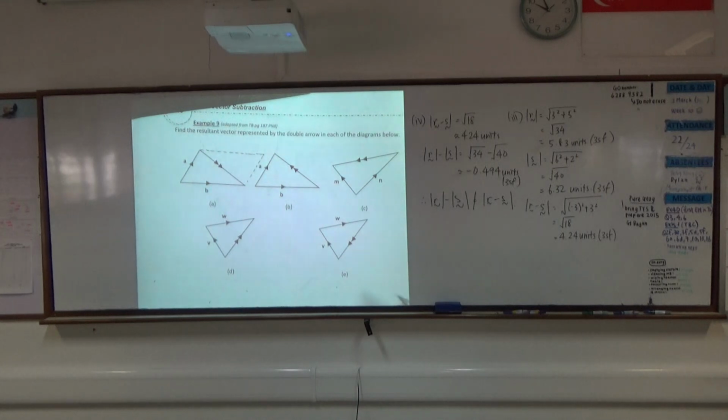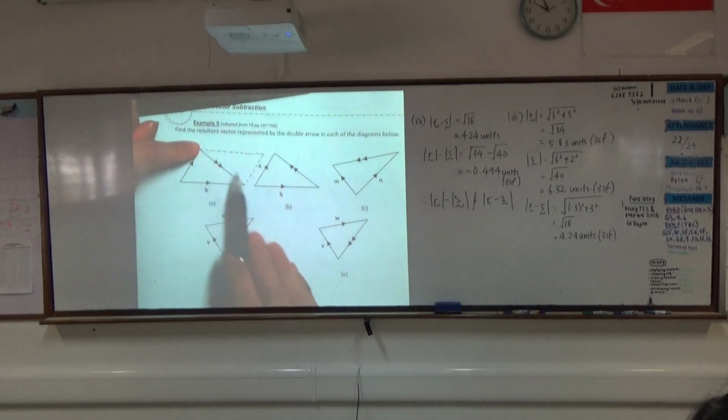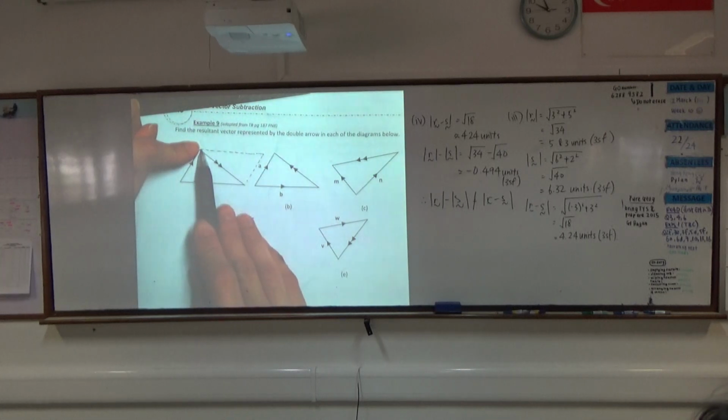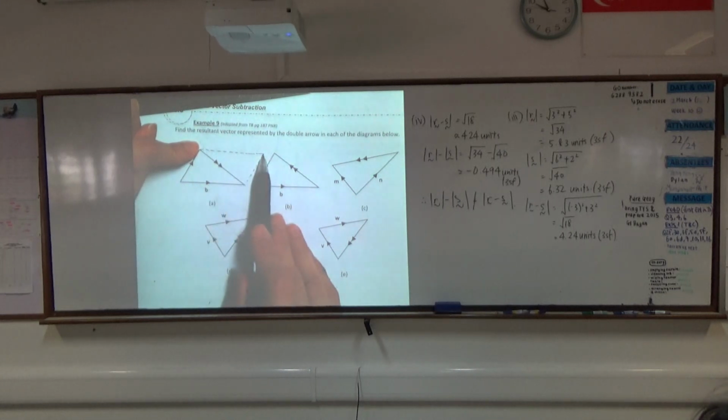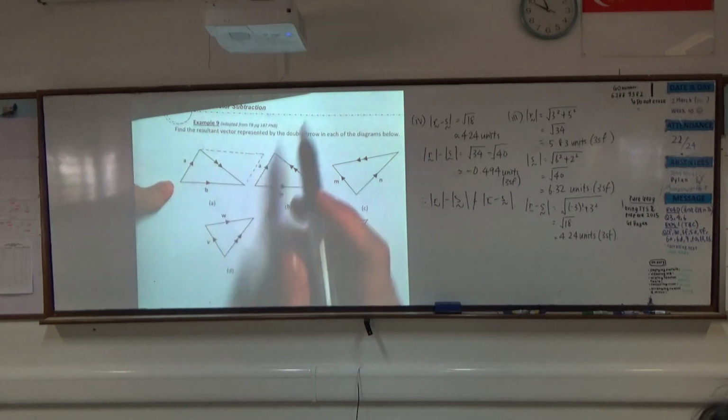We see that the start point is here, end point is here. I expect my direction from here to here to be the same as B itself.